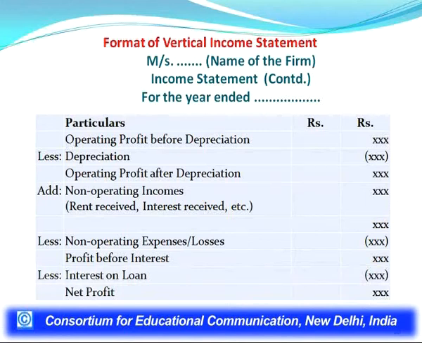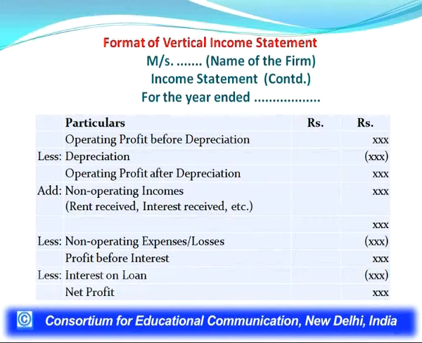Then we add non-operating incomes. It may be rent received, interest received, discount received, dividend received, profit on sale of fixed assets, any item which we have already discussed. And after adding these non-operating incomes, we shall deduct non-operating expenses.